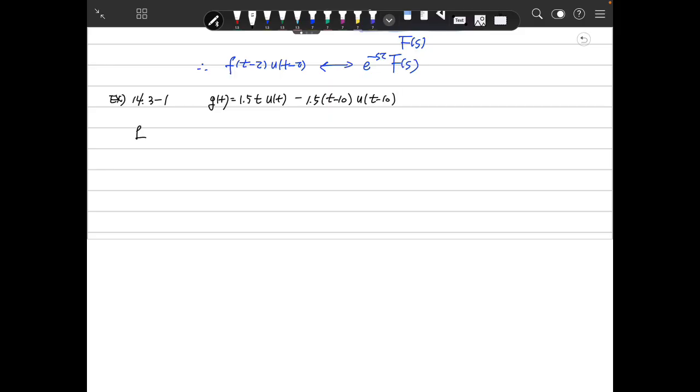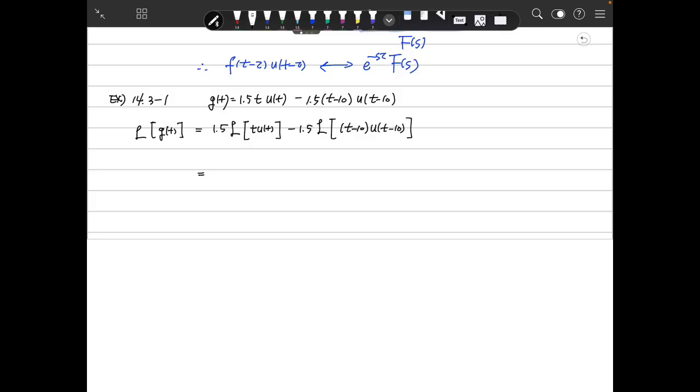Then we get the Laplace of g t. Because of linearity, we can get 1.5 times the Laplace of t u t minus 1.5 times the Laplace of t minus 10 u t minus 10.